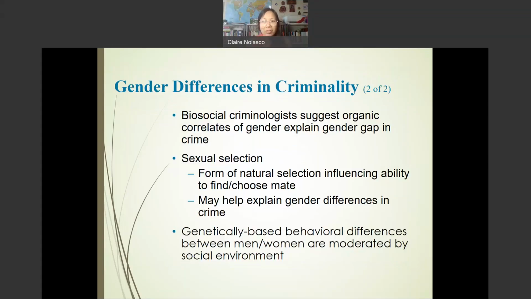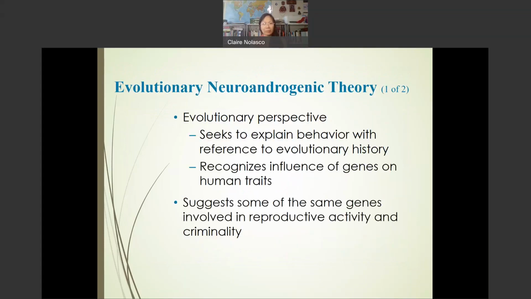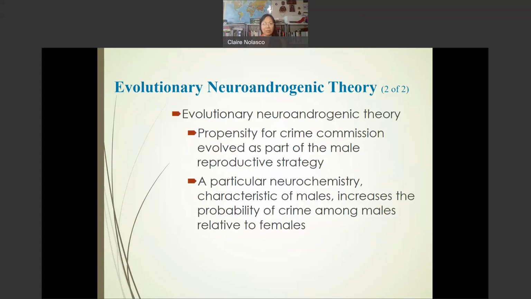Biological criminologists suggest that the organic correlates of gender explain the gender gap in crime. For example, sexual selection. This is a form of natural selection influencing the ability to find or choose a mate. Another explanation would be the evolutionary perspective, wherein this perspective seeks to explain behavior with reference to evolutionary history, and recognizes the influence of genes on human traits.